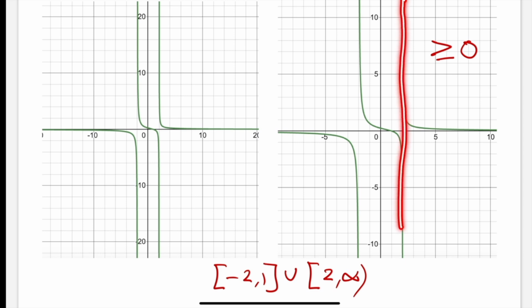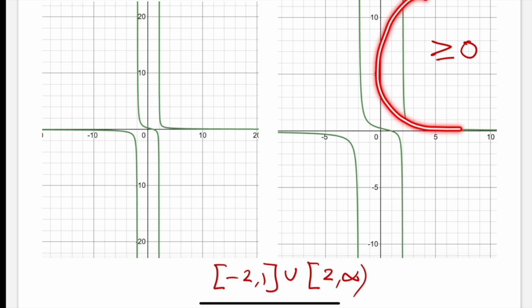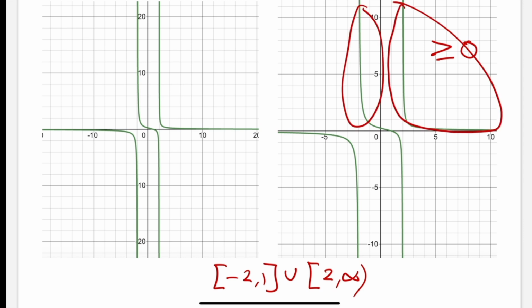And this piece of the graph is above my x-axis. Because if you notice, my graph goes all the way up and is not going to touch my x-axis. It's going to go like that forever, all the way to positive infinity. And that's how I have this interval.